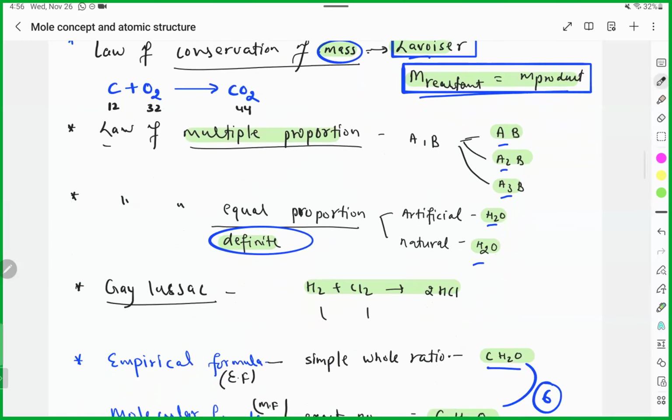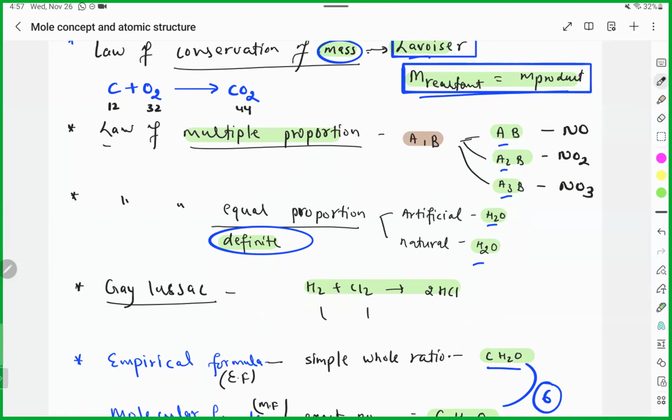Law of multiple proportion simply says that if you have two elements A and B, they are present in a simple ratio. Example, nitrogen oxides: you can take NO, NO2, NO3.